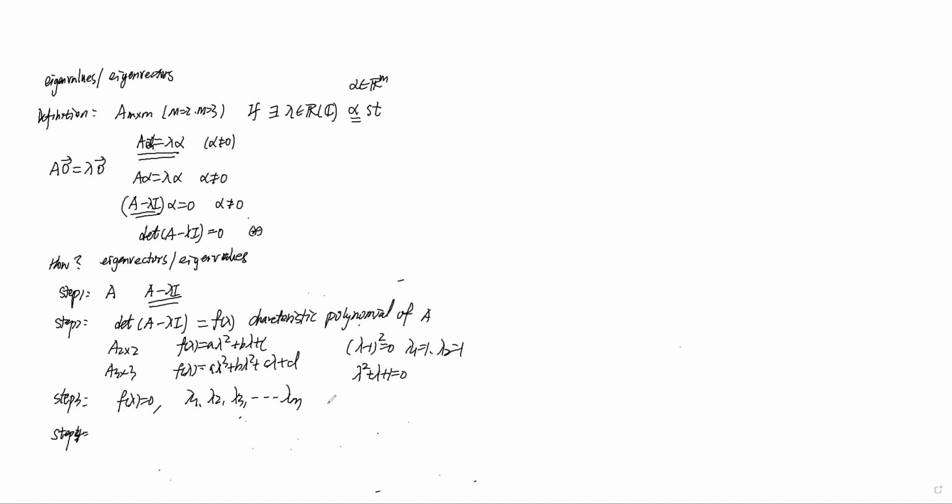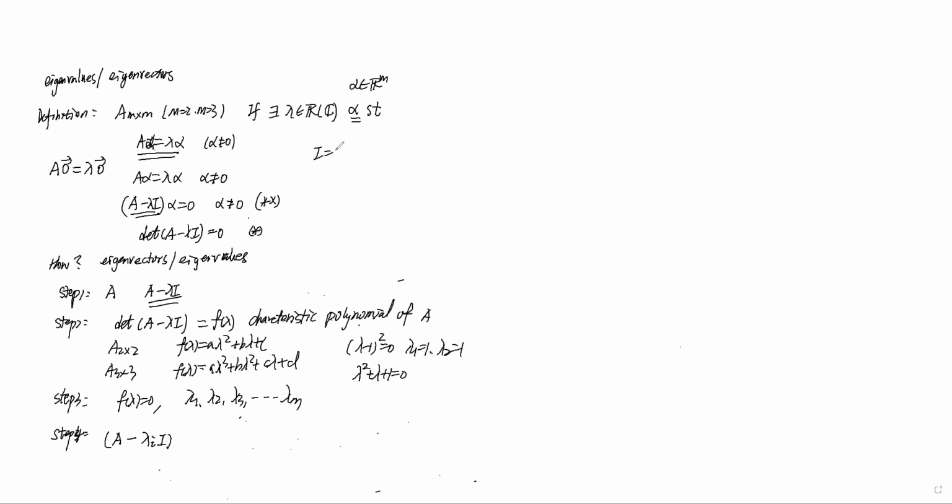Okay, and then we have to find the eigenvectors. How? You just consider the equation, this double star. After you got lambda, you can solve (A minus lambda I) alpha equals 0. Of course, what's I?